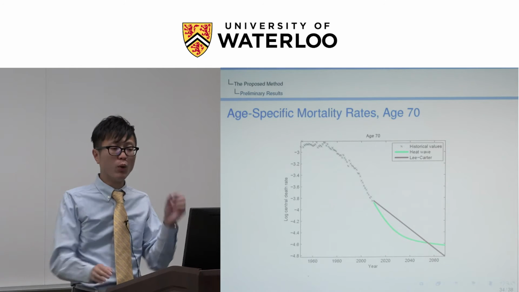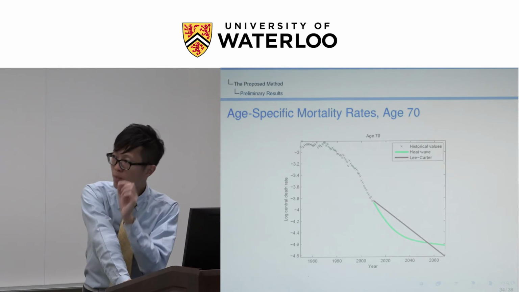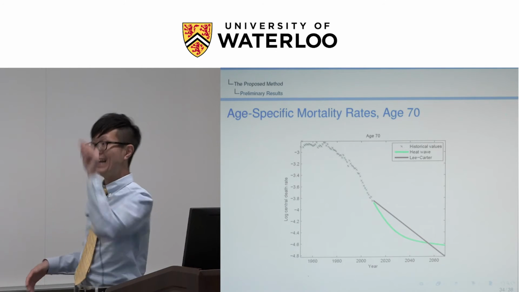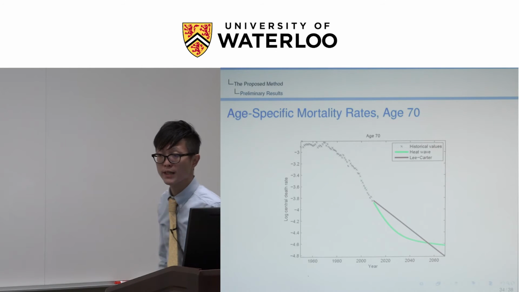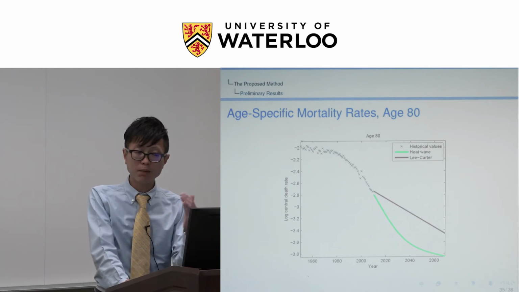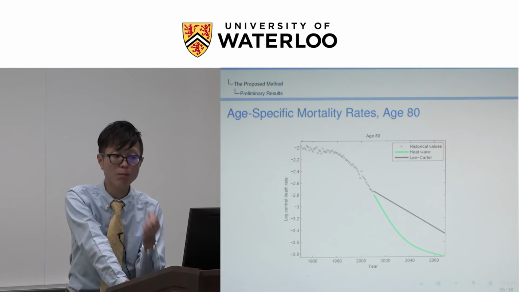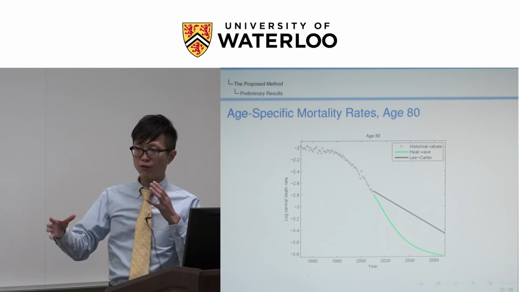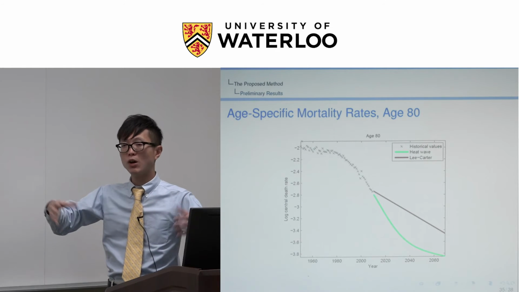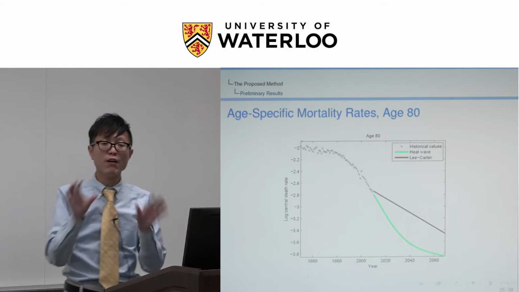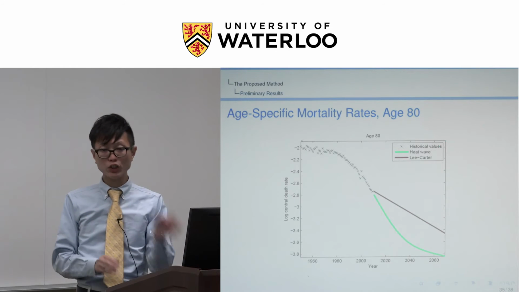The heat wave model implies lower mortality improvement rates in the near future, but then in the distant future, the opposite is true. For age 80, the improvement implied by the heat wave model is a lot more aggressive than the Lee-Carter. So all in all, the difference between the one-dimensional original Lee-Carter and the heat wave model depends very much on the age you consider.